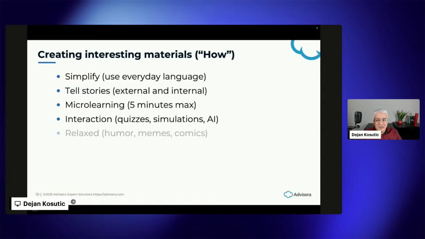The easiest way is really to make quizzes, but you can also make some simulations. Of course, nowadays you can use AI chatbots to make even some kind of deeper interaction with students. So all of these things are possible so that you can make these materials that you're creating more interesting.